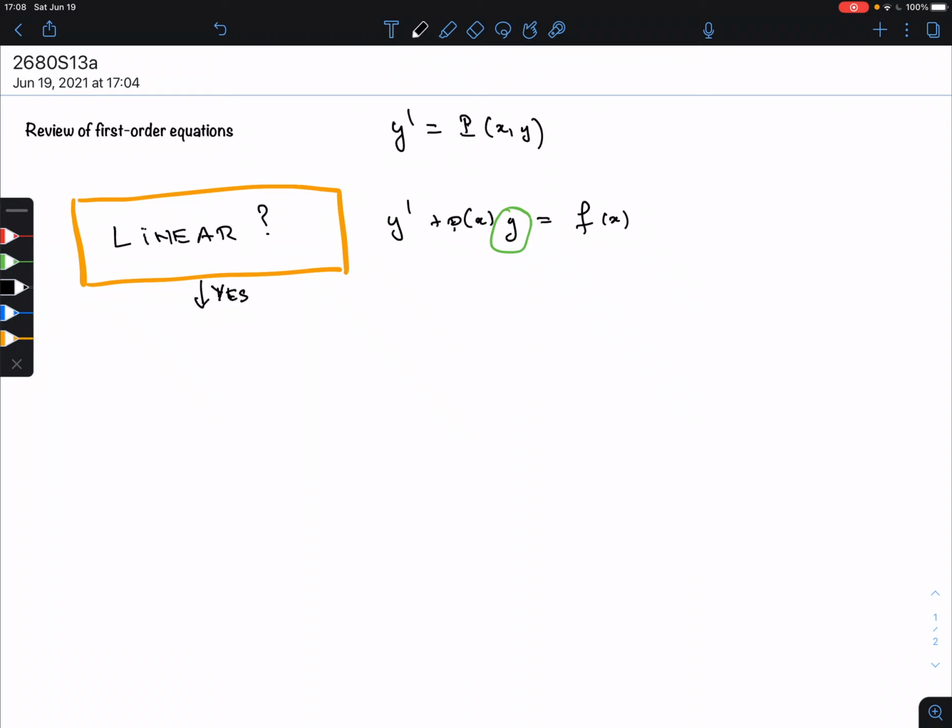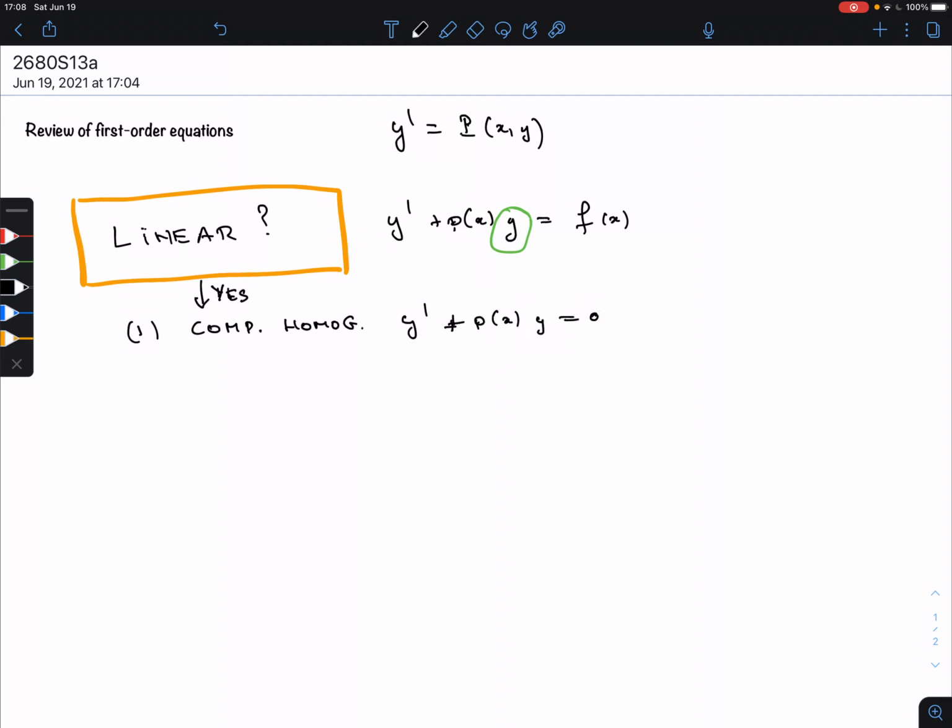If so, then what we need to find out next is whether it is homogeneous or non-homogeneous. But let's put it all together: the first thing you do is the complementary homogeneous equation. Of course, if it's homogeneous, then it's just the equation itself: y prime plus p(x) y equals 0.